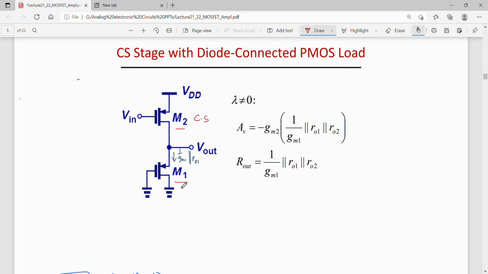Okay. Now for this circuit also we can find out gain when lambda is not 0, okay, knowing that looking into the source the impedance is 1 by GM1 parallel to RO1. So one can find out the gain as minus GM2 times 1 by GM1 parallel to RO1 parallel to RO2, right?